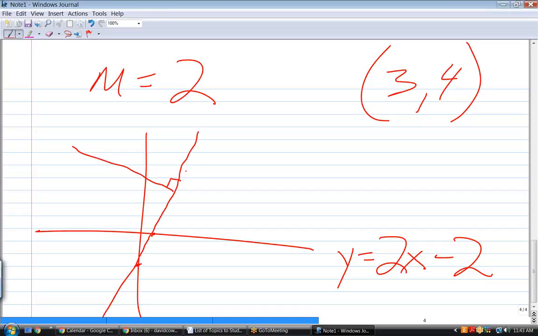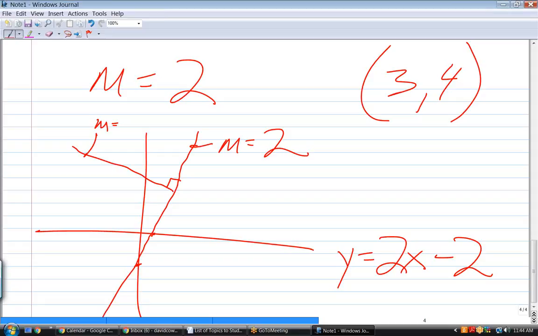What's the slope of a line perpendicular to that? This line has a slope of 2. What's the slope right there equal to? -1/2. Because always remember, with slope you've got to do 2 things, not just one. Saying it was 1/2 was just taking the reciprocal.